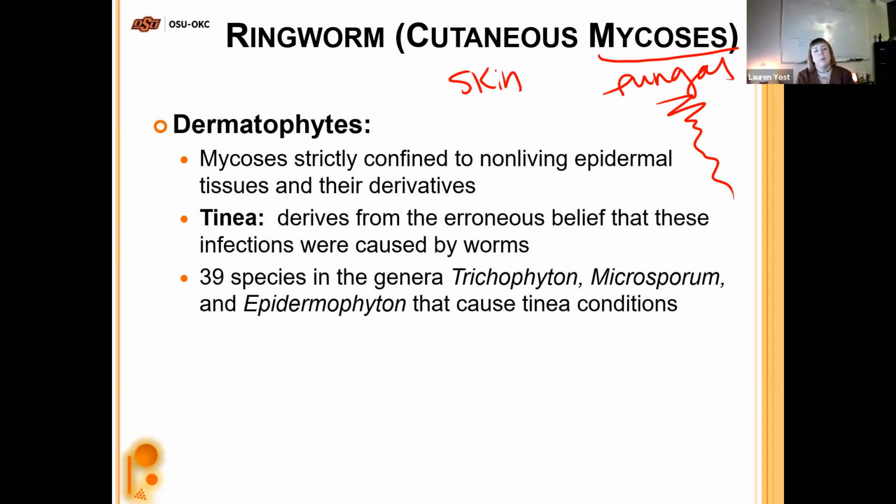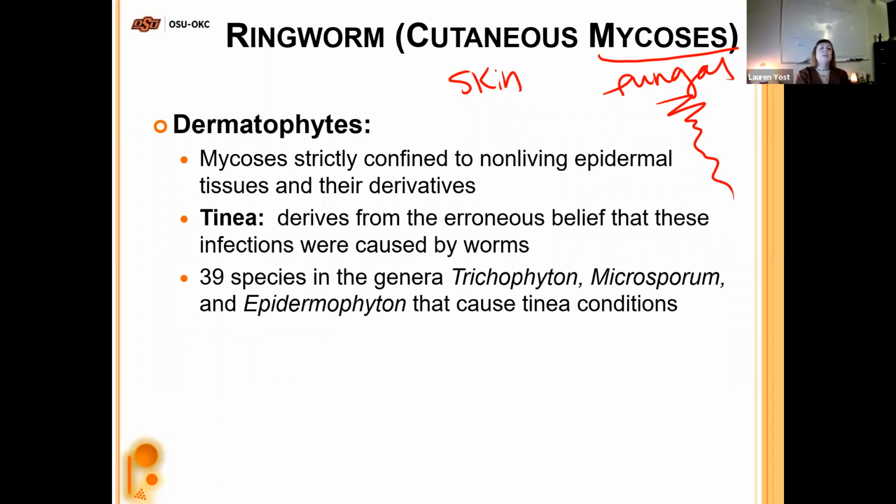These are caused by dermatophytes, which are fungi that colonize skin. Mycoses that are strictly confined to the non-living epidermal tissues and their derivatives are what we call ringworm.